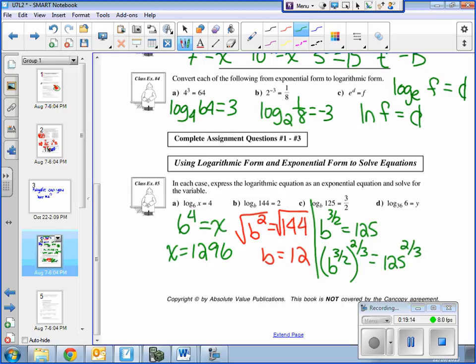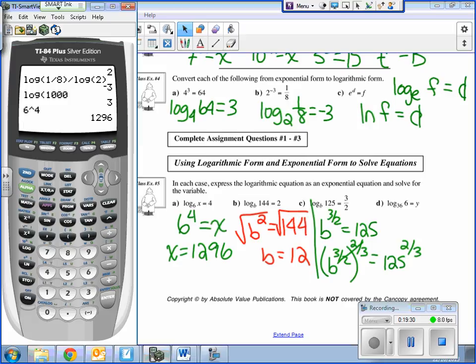We kind of did this in that first unit, or first lesson. Because 3/2 times 2/3, if they're reciprocals, meaning that the numerators and denominators are opposite each other, those will multiply to be 1. So b is equal to 125 to the 2/3. Put 2/3 in brackets. 125 exponent 2 over 3.